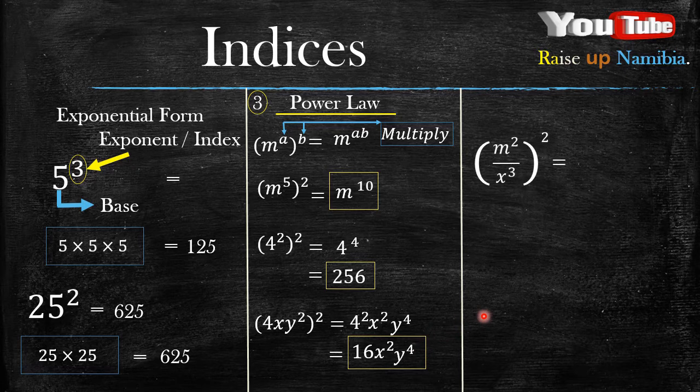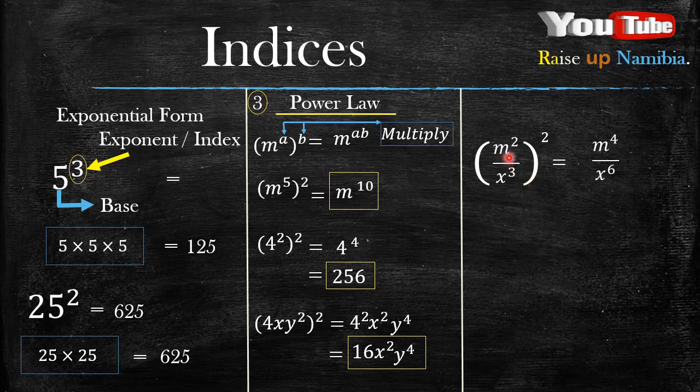Let's take a look at another example. How about when they are in fraction form and they are raised to a certain power? What do you do? Now, number one, take a look at the exponent again outside the brackets, okay?